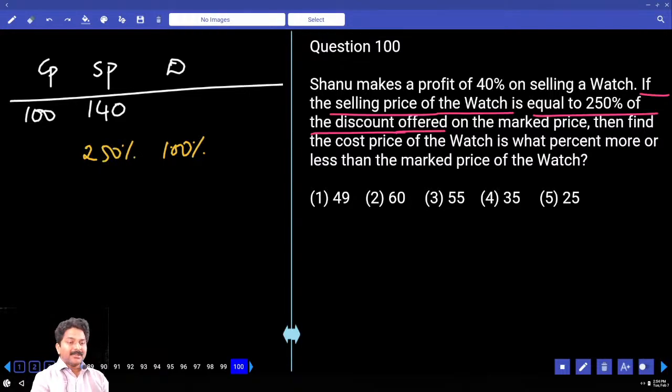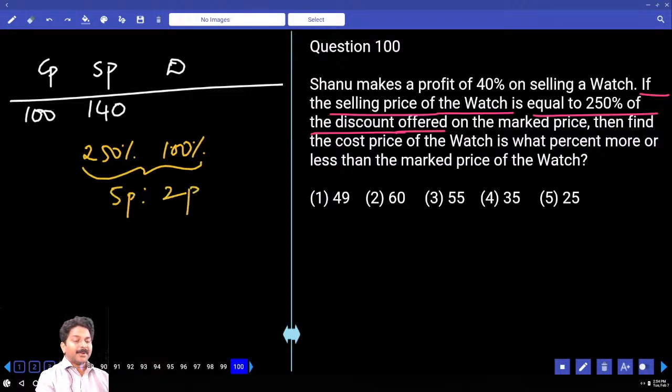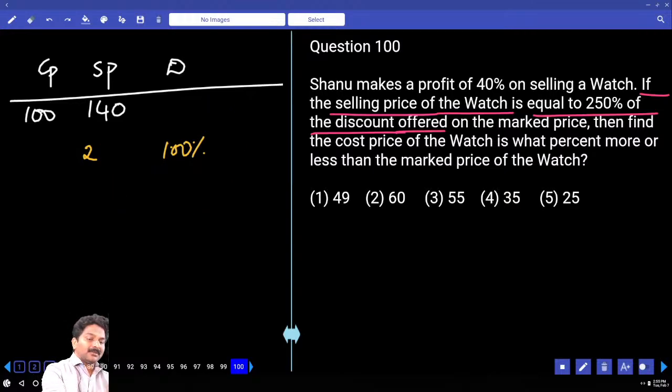They are in the ratio 5:2. 5 parts is equal to 140. What is 1 part? 28. What are 2 parts? 56. So discount is equal to 56.